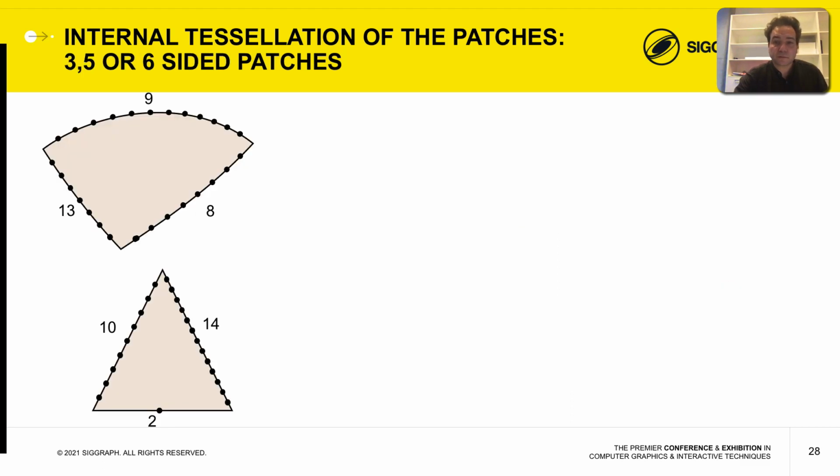So when a patch is not rectangular, the ideal case is when you can tessellate it with a single irregular vertex. We say that the patch is Catmull-Clarkable, and we can Catmull-Clark the patch.